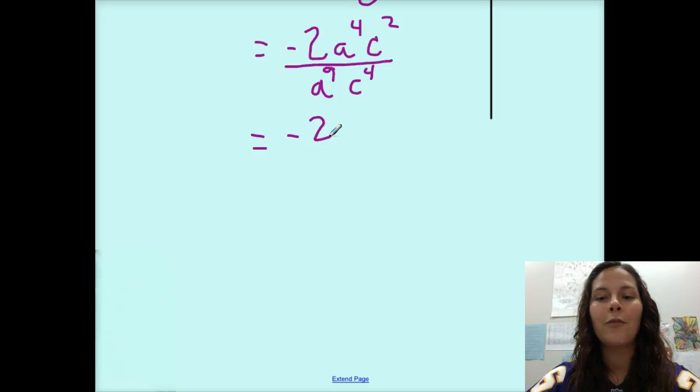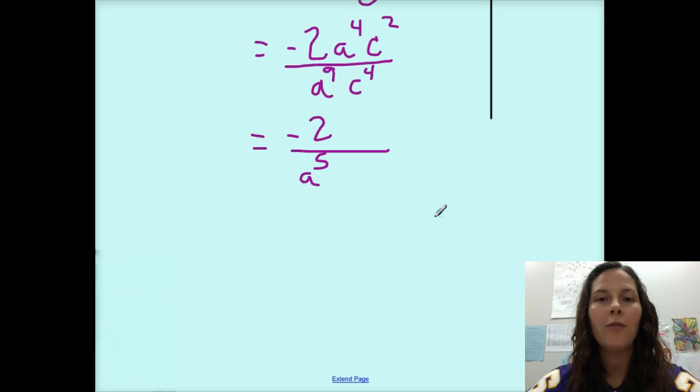My a to the 4th over a to the 9th simplifies as a to the 5th in the denominator, because when I subtract the exponents I get 5, and I had more a's in the denominator to begin with. And same thing with my c's. I will cancel 2 of my c's, leaving me with 2 c's in the denominator because I had more c's in the denominator to begin with. Again, our division rule is subtracting those exponents.